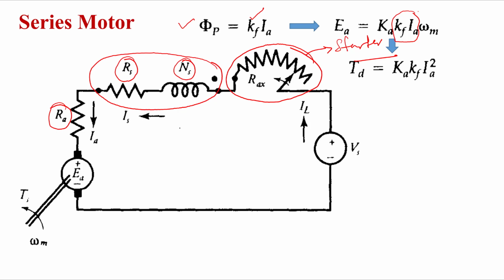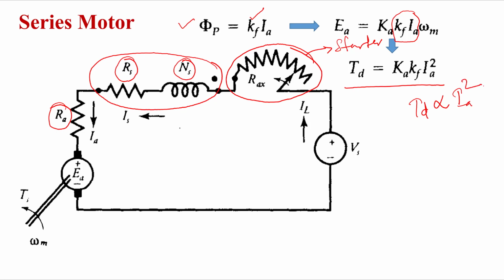Then the developed torque in the case of this series motor will be Kf Ia square, because Td equals K phi p Ia, right? Just substituting phi p equal to Kf Ia, it becomes K Kf Ia square. Therefore, what we observe here is that this developed torque is directly proportional to Ia square.